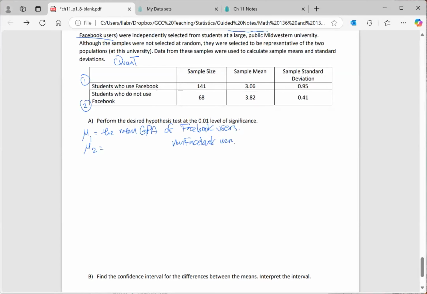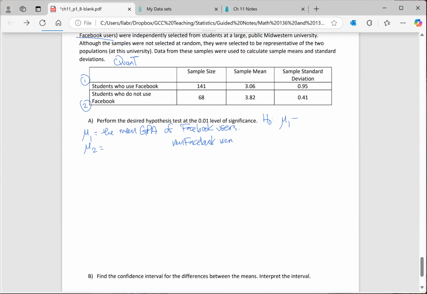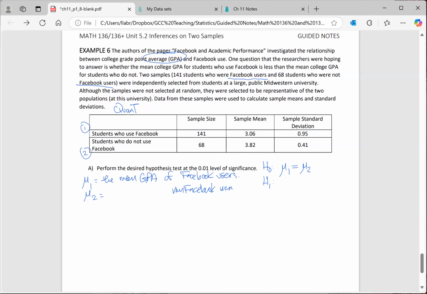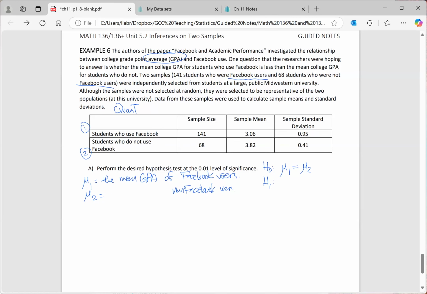All right, now let's get our hypothesis going. Remember that the null hypothesis here would be that mu1 equals mu2. And the alternative, let's see, what is it that they were trying to determine? One question was whether the mean GPA for students who use Facebook is less than the GPA of those who do not.